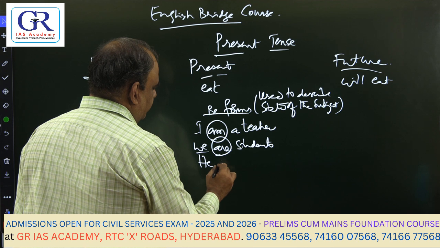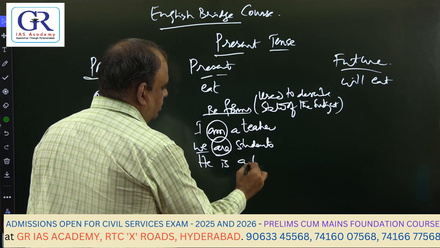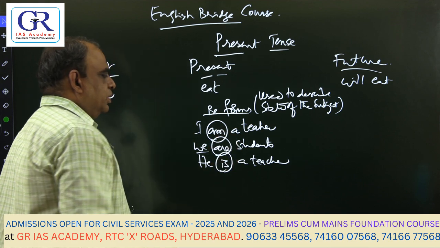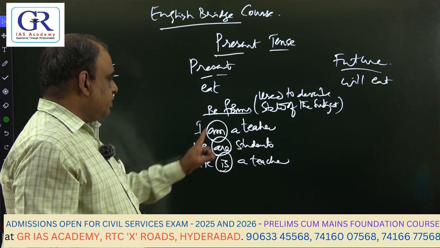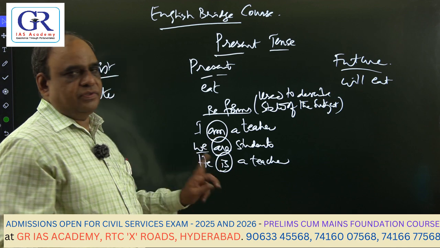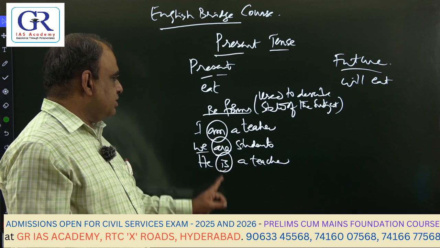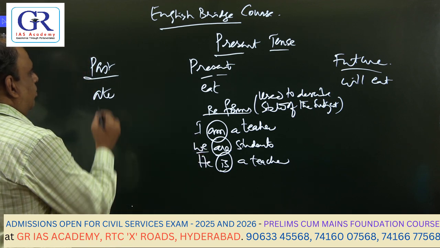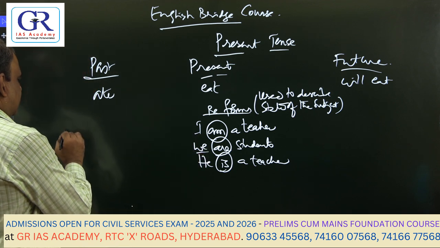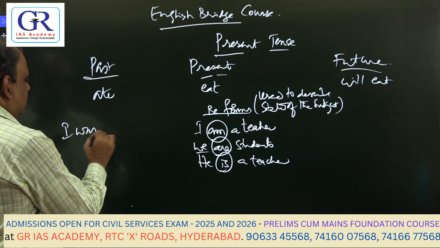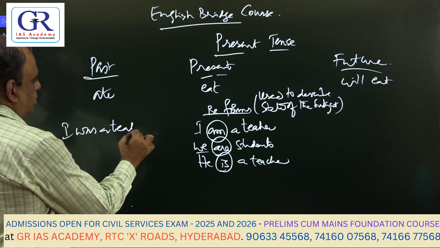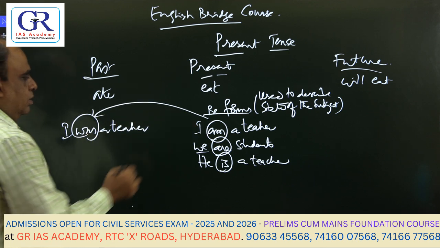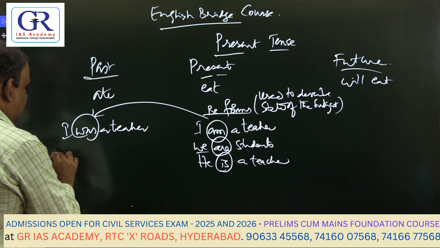He is a teacher. So, is also be form. So, be form in present tense is am or is. Same thing when it goes to past tense, I was a teacher, am becomes was. We are students.